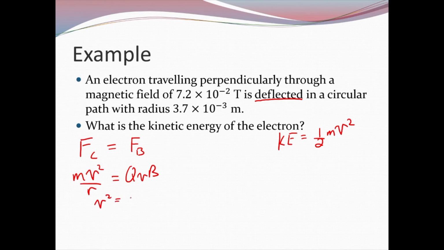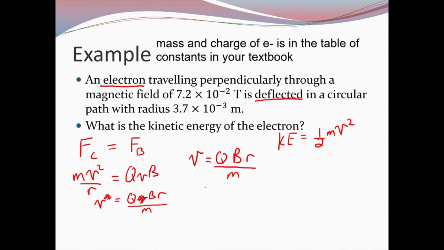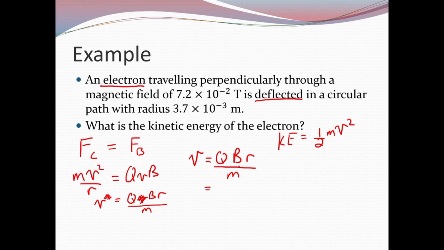In doing that, we get v squared equals qvb times r divided by m. We can divide one of the v's out, so the velocity of the particle is its charge times b times the radius of its path divided by its mass. Because we're told it's an electron, we know the mass of the electron, which is a known value. We also know the charge of the electron, which is also a known value.